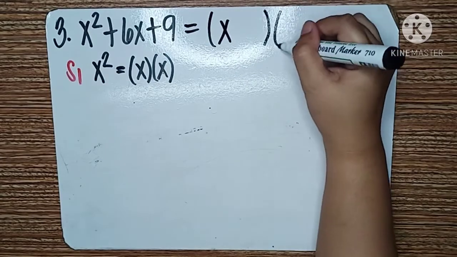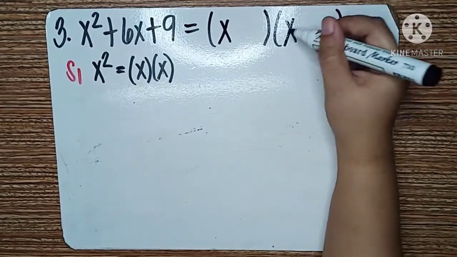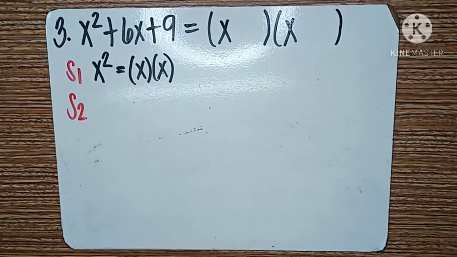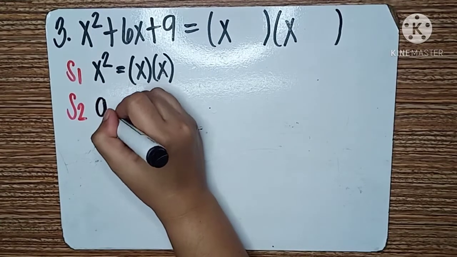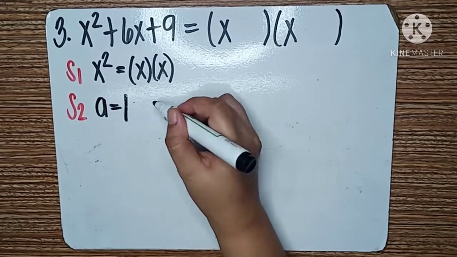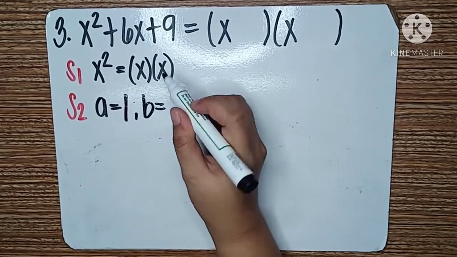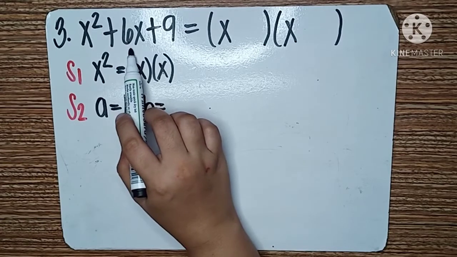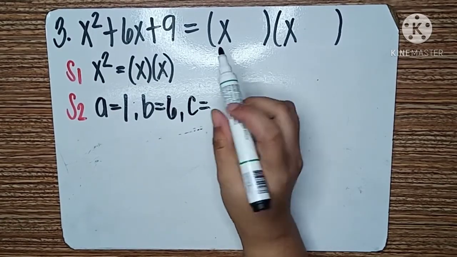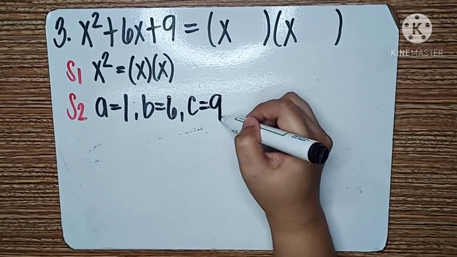X here and x here. Step 2, we'll identify the value of a. And the value of a is invisible 1. The value of b is the numerical coefficient of the second term, 6. And the value of c is equal to 9.